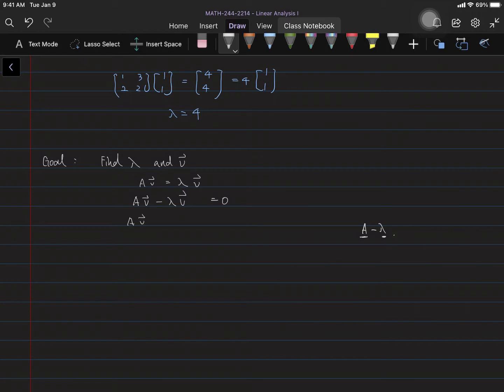So A times V minus lambda, think about I as the identity. Identity matrix times anything equals that matrix, right? What's the identity matrix? IA equals AI equals A. It's like the number 1, but for matrices.